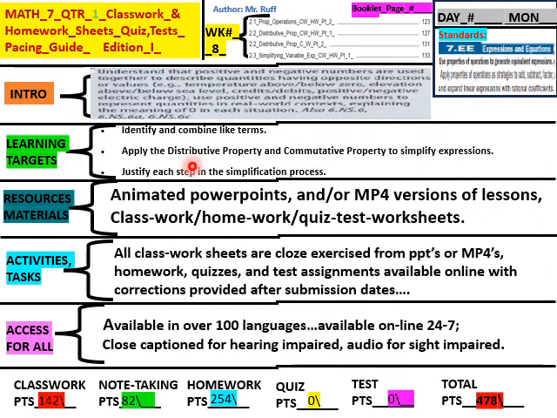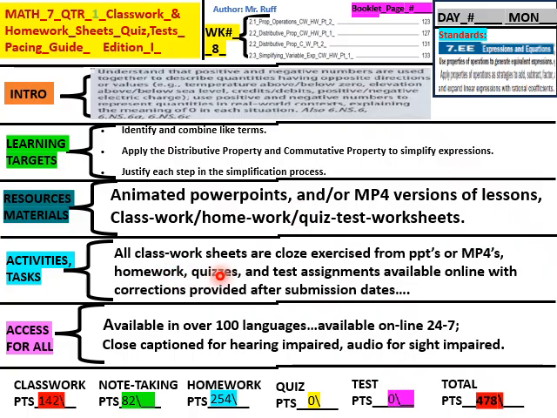And learning targets: identifying combined like terms, apply the distributive property and commutative property to simplify expressions, justify each step in the simplification process. And your resource materials, animated PowerPoints, MP4 versions of lessons, classwork, homework, quiz, tests, worksheets are all done with these two media formats.